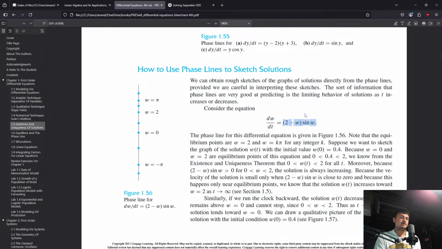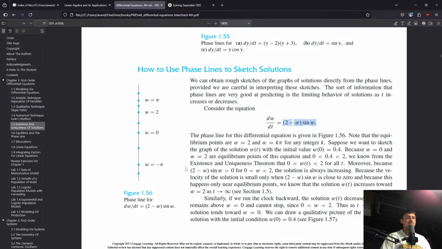Because w equal to 0 and w equal to 2 are equilibrium points of this equation, and 0.4 is in between those two, we know from the existence and uniqueness theorem that the solution is going to stay in between those.